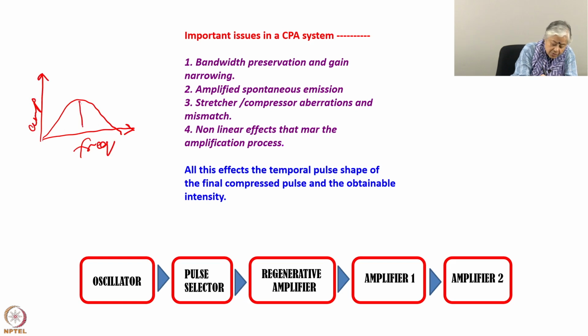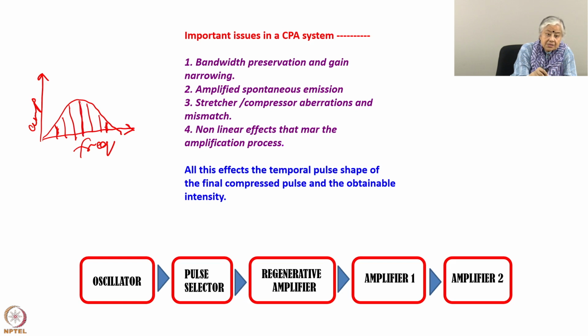Different frequencies have different gain. Each of these lines corresponds to a different frequency. You can see the ones at the extreme corners of this curve don't have much gain, while the one in the center has the maximum gain.